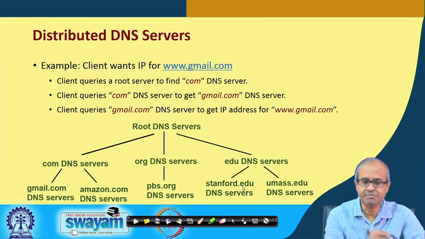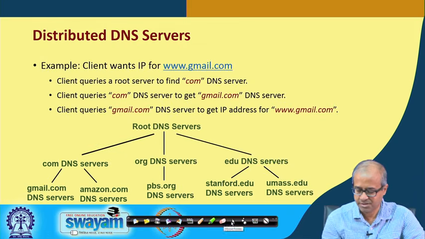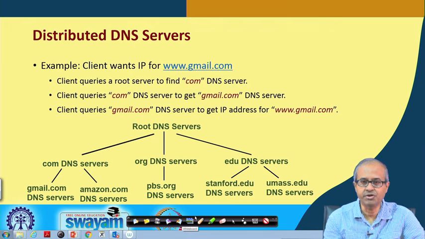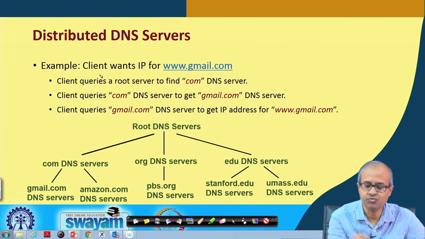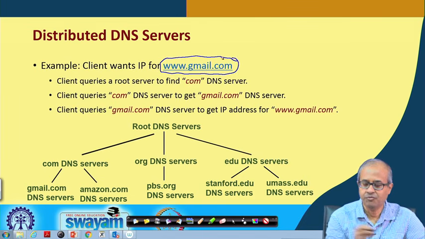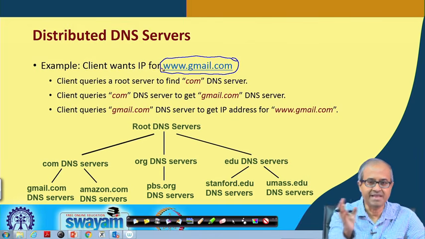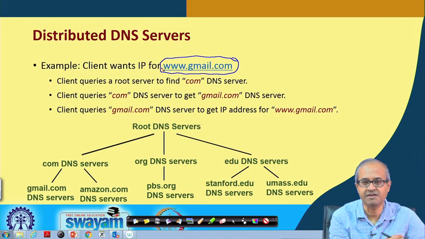Now, about the distributed DNS server: as I told you, DNS is not in one place, it is a hierarchical structure. Let us give an example. Suppose we want to access gmail.com. When I say gmail.com, from the right side, com and then gmail, in that order, these are the names of DNS servers.